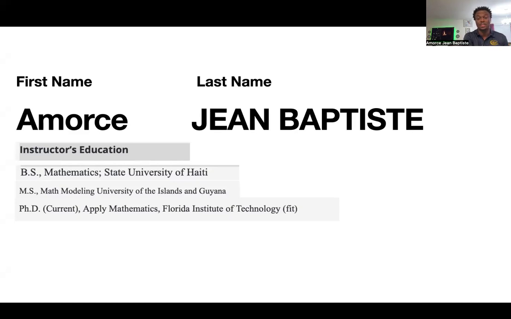My last name is Jean-Baptiste, not Jean. The Jean is also part of my last name. If you are emailing me, I'm not mad if you say Baptiste, but most of the time I remind students that my last name is Jean-Baptiste. Amos is my first name. So, Amos Jean-Baptiste.